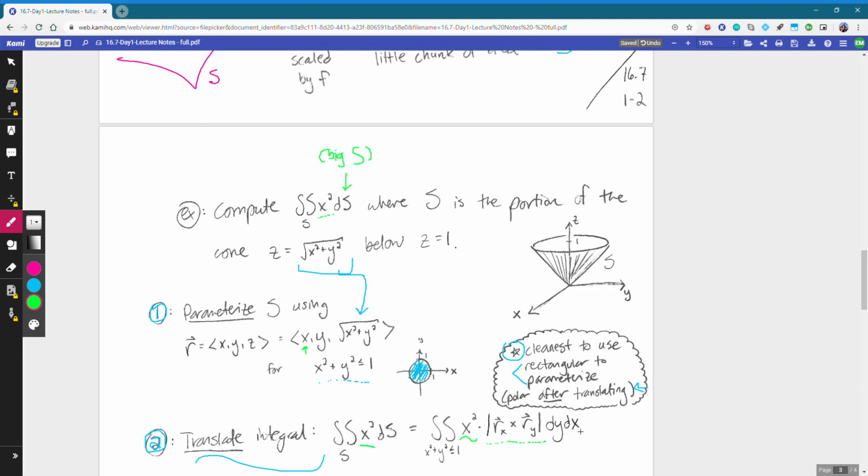So at this point, pause the video, see if you can work out the size of the cross product, and even continue on and fully compute the integral that we're left with. See how far you can get.